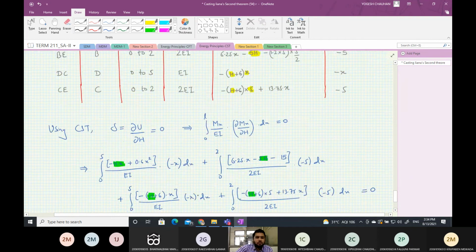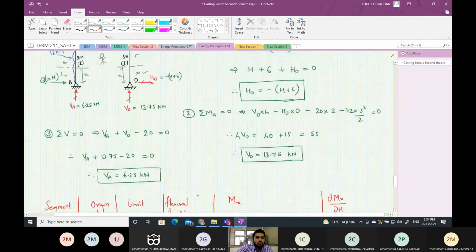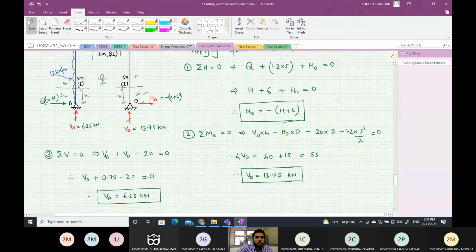Now once you know the value of Q, you can find the other unknowns, like HD will be equal to minus h plus 6. VA is actually not affected by this h, because it is at the same level, so no moment is caused by this h.